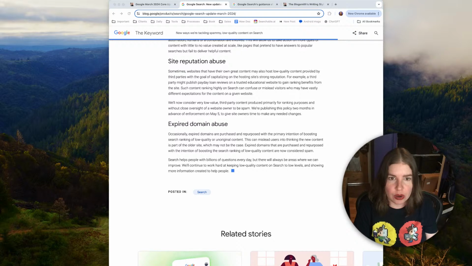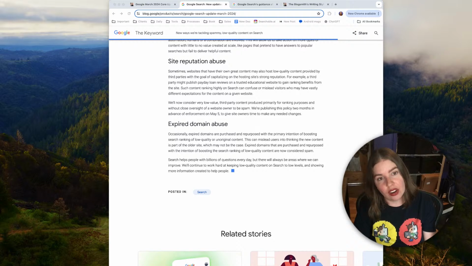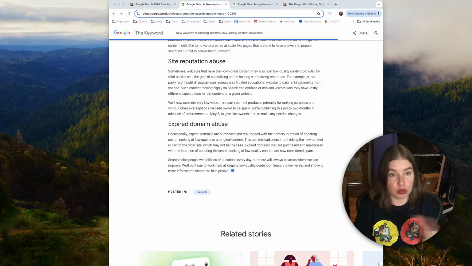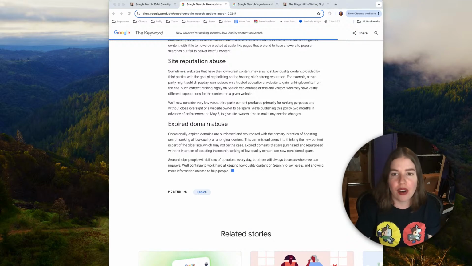So basically, misleading users into thinking new content is part of the older site. You have a different purpose than the people who originally made that site. This expired domain probably built some sort of reputation around a certain industry, and then maybe you're posting from a totally different industry. So that's what that's talking about.